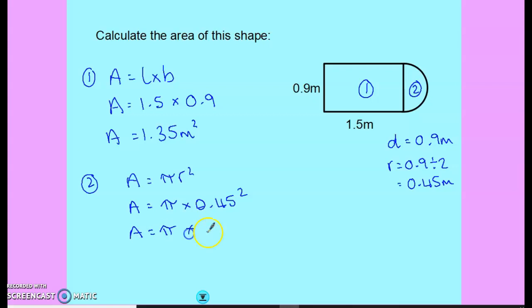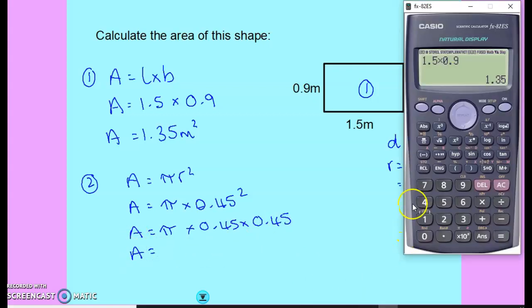It's pi times 0.45 times 0.45. You can go straight to the answer from this line. You don't need this line in. Pi times 0.45 squared is 0.64.